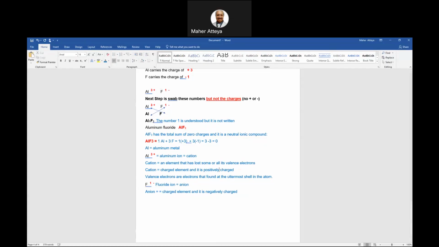So positively or negatively charged. Now the ionic bond has a unique type of structure.